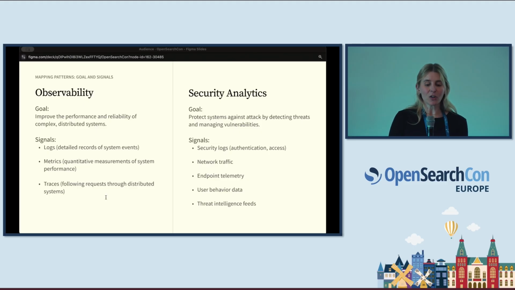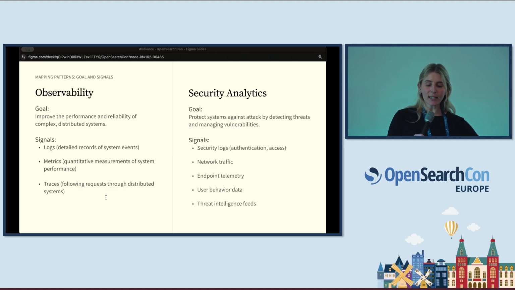The two disciplines also differ with the signals that they use, or the data types. Observability typically focuses on three pillars: logs, which are detailed records of system events; metrics, which are quantitative measurements of system performance; and traces, which follow requests through distributed systems.